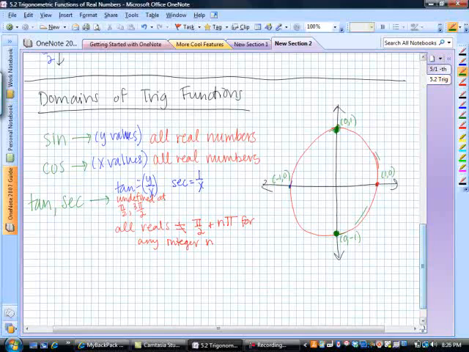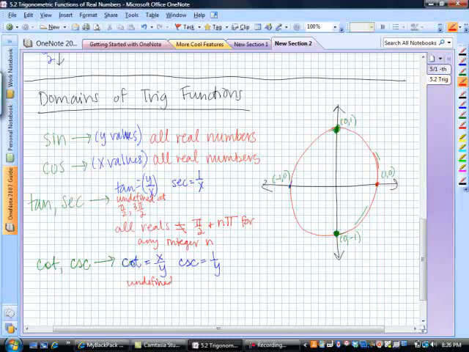Now, likewise, the domain for cotangent and cosecant have the same problem. If you think about it, cotangent is x over y, and cosecant is 1 over y. So in this case, do you see we're undefined when y is equal to 0?